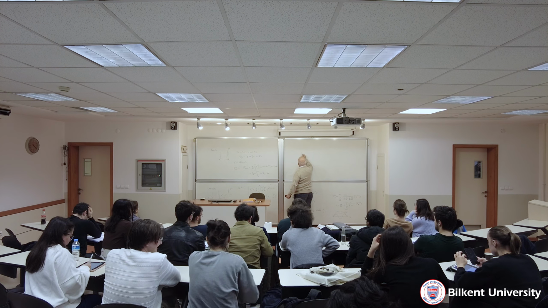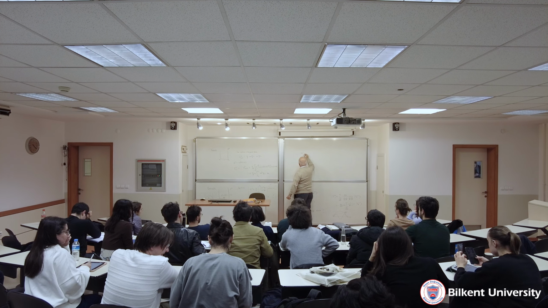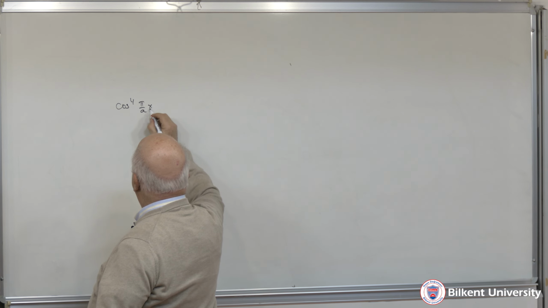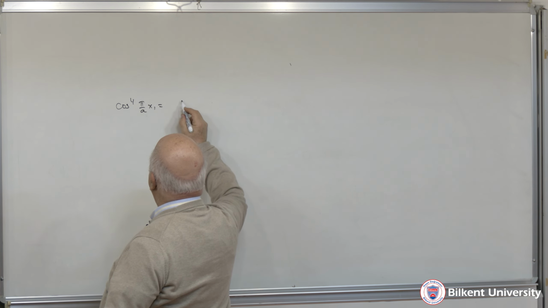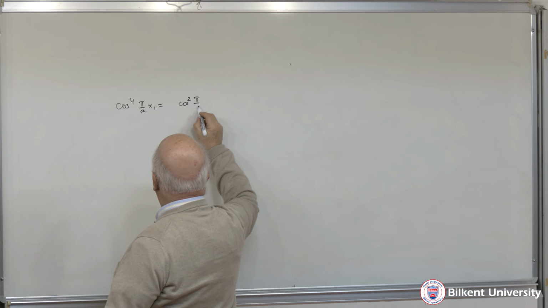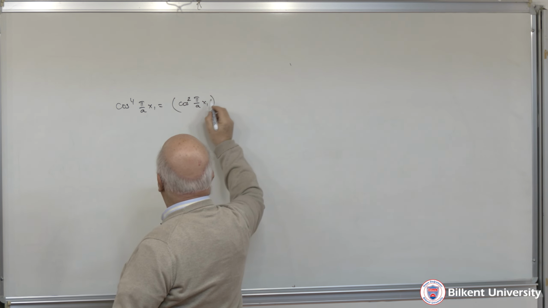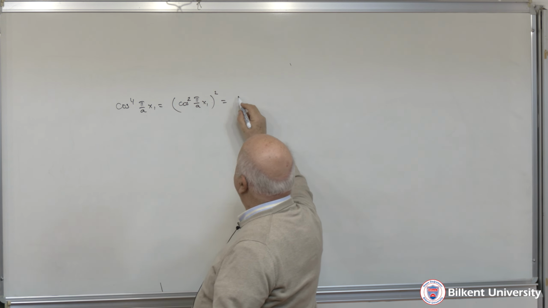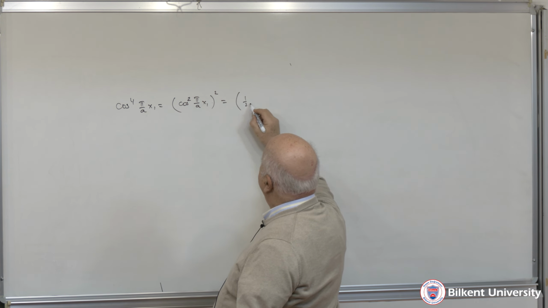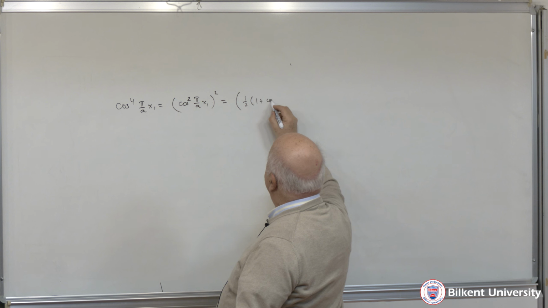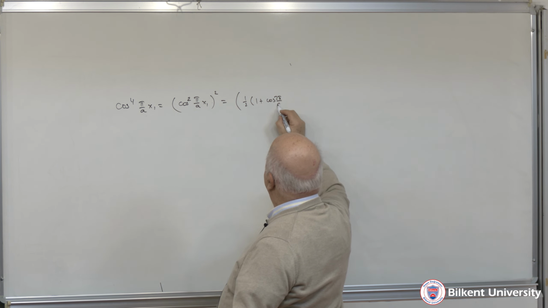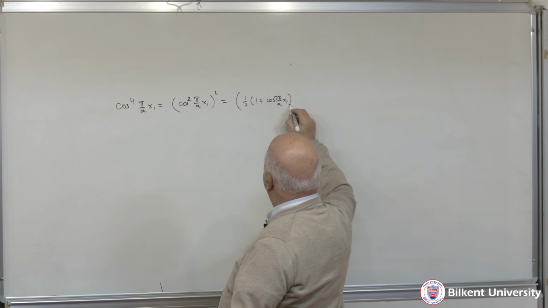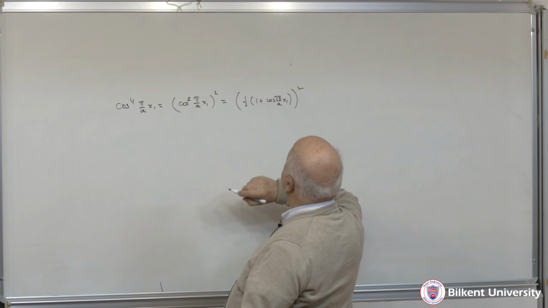Cosine to the 4 of pi over a x1 is going to be cosine squared pi over a x1, squared. So that's going to be 1/2, 1 plus cosine 2 pi over a x1, squared.